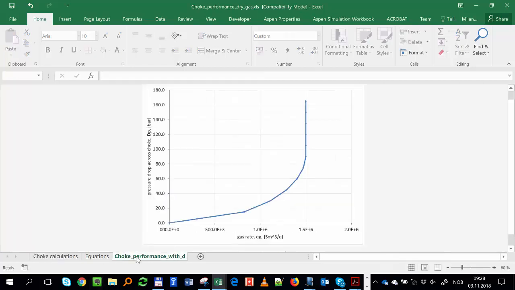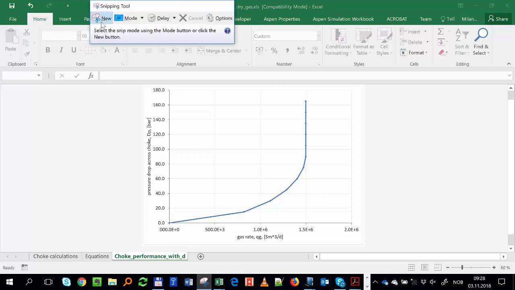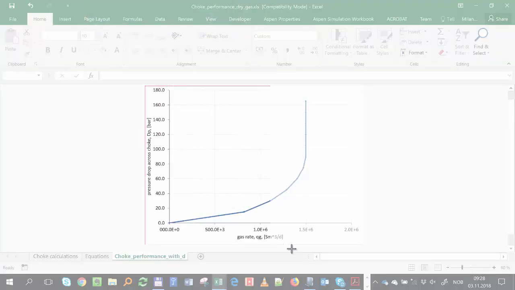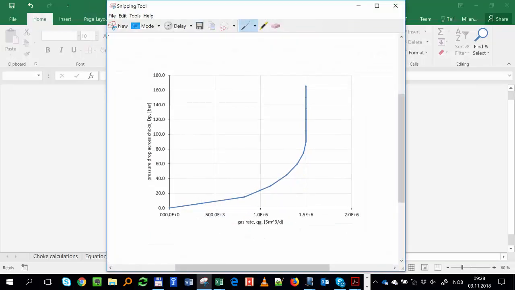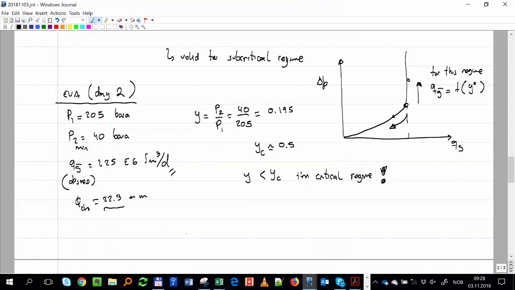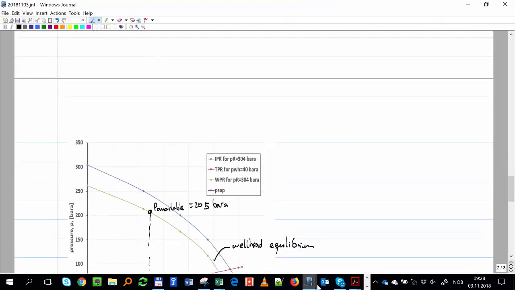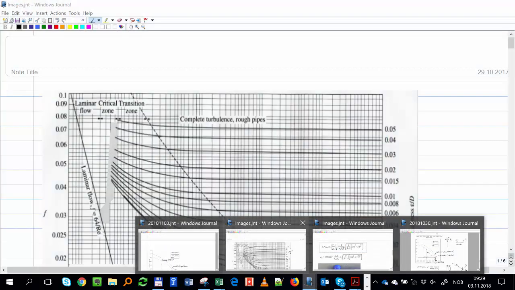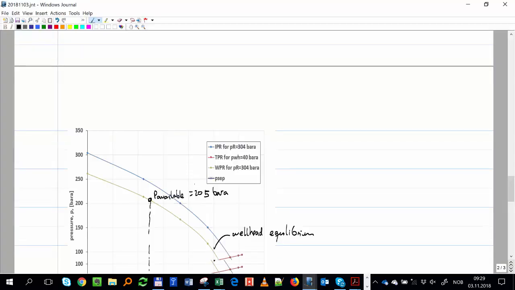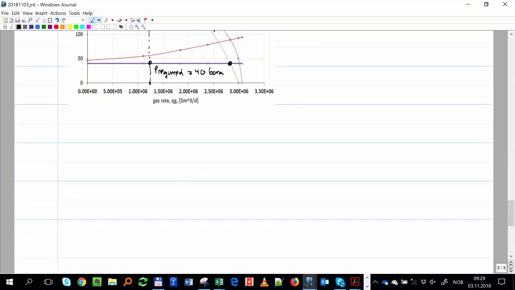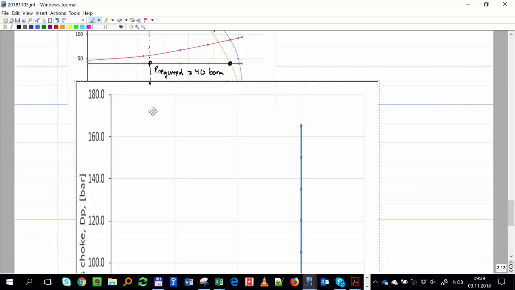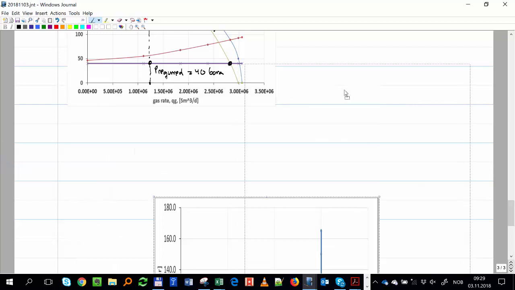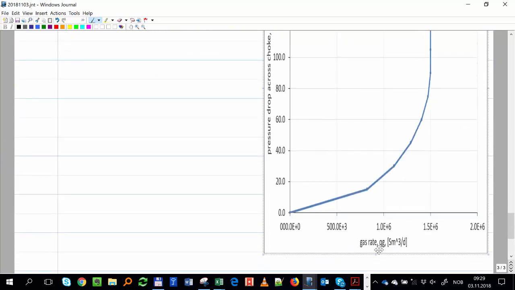Okay, the choke curve looks exactly like I drew before. And I'm going to ask you whether this choke works or not for what I want.